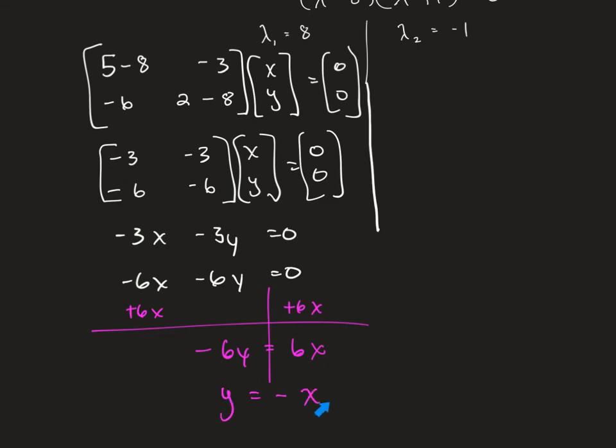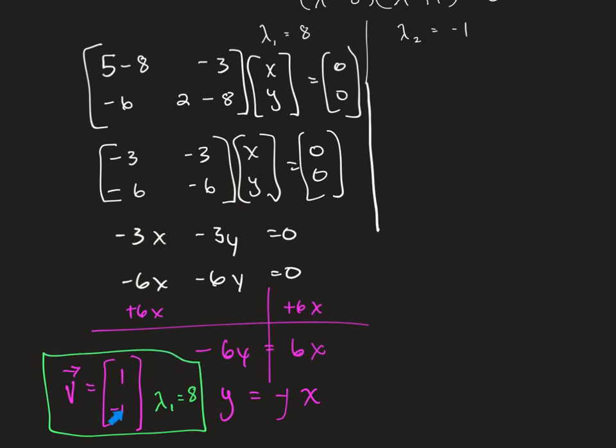This is how I get my eigenvector. If we let t equal 1, because this is just a relationship between the two values, then y would be -1. So that gives me the vector 1, -1, and that has an eigenvalue of 8.